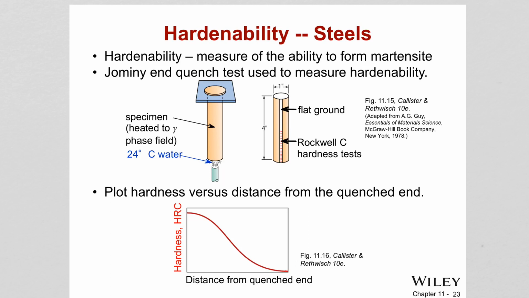So the quench end is cooled most rapidly and exhibits the maximum hardness. 100% martensite is the product at this position for most steels, but the cooling rate decreases with the distance from the quench end, right? And there is more time for carbon to diffuse.